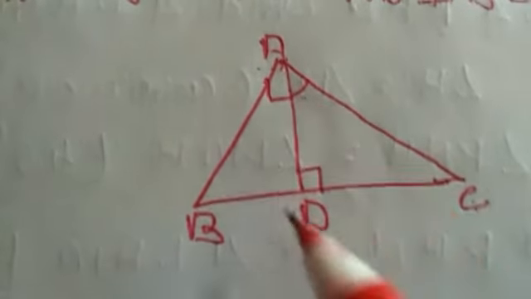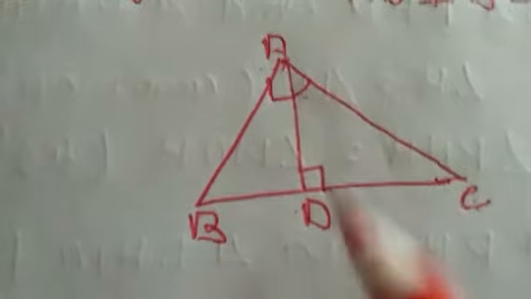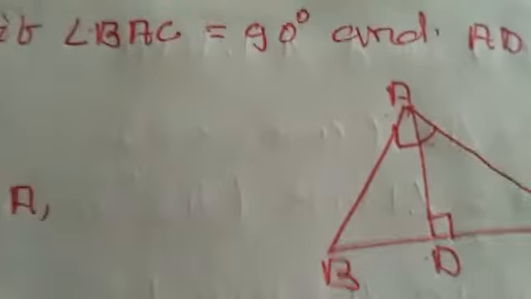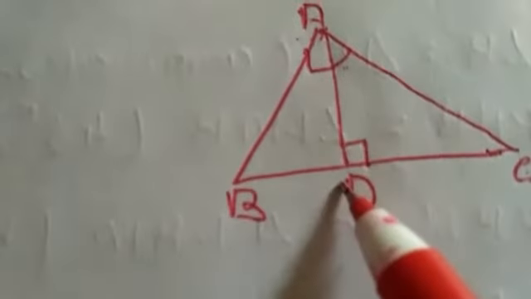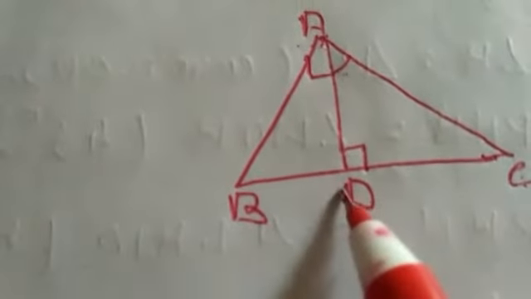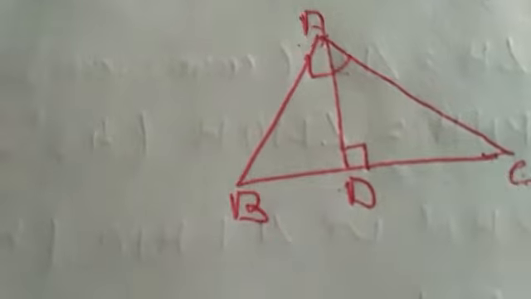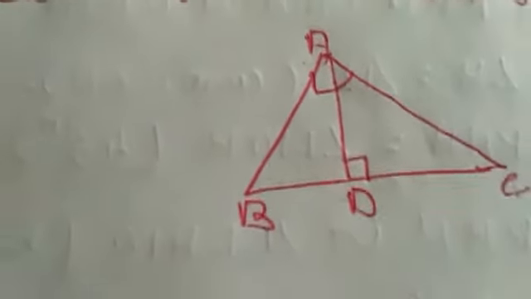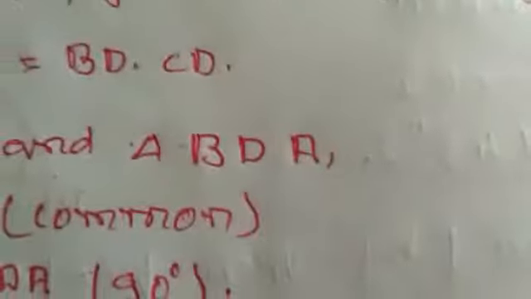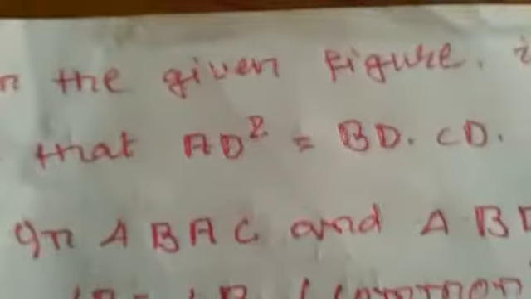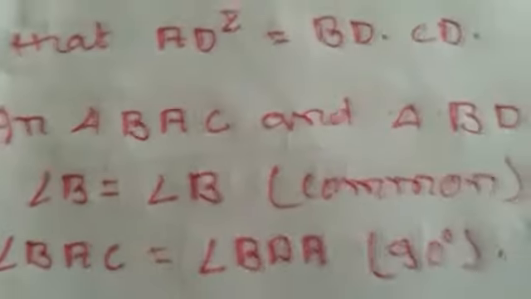So now we have to prove that in this triangle, AD square is equal to BD into CD. This is what needs to be proved. I hope you have understood the question. Now let's see its solution.